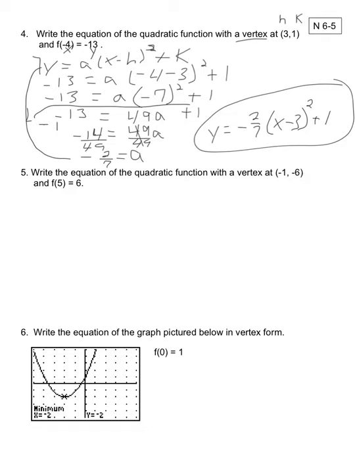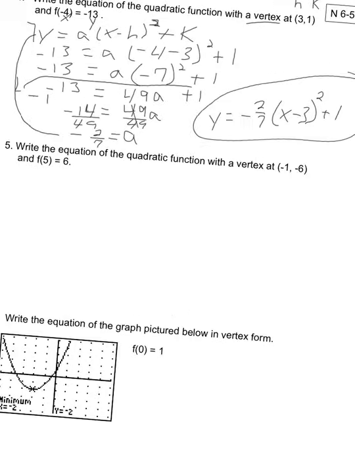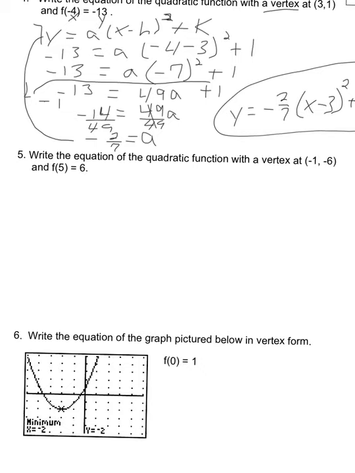Number 5, same thing. Number 5 gives me my vertex. So h, k, x, y. Vertex formula, y equals a, parentheses, x minus h squared plus k. Plug in all of our knowns.